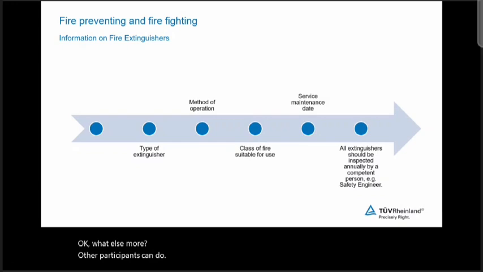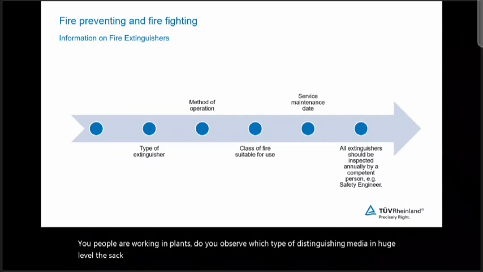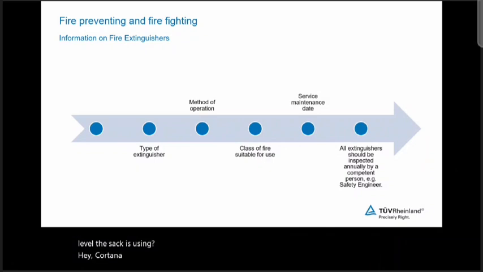You people are working in plants. Do you observe which type of extinguishing media the SEC is using at a huge level? Yeah, we have dry type fire extinguishers. We have firefighting systems in substations, having huge cylinders. So what is the inside media?